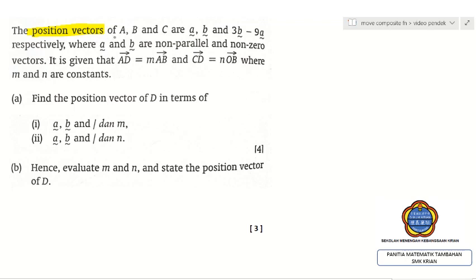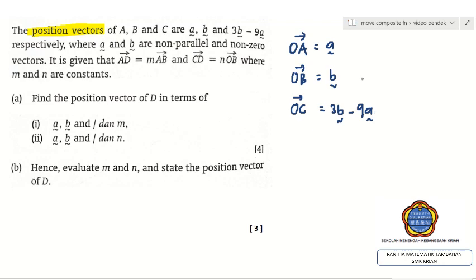So position vector of A will be OA, O to A, where O is origin. Position vector of B is OB. Position vector of C is OC. All is equal to the given vector A, given vector B and given vector 3B minus 9A respectively.